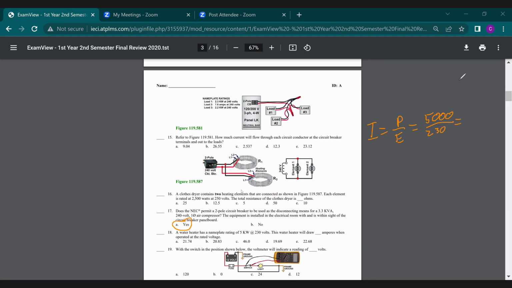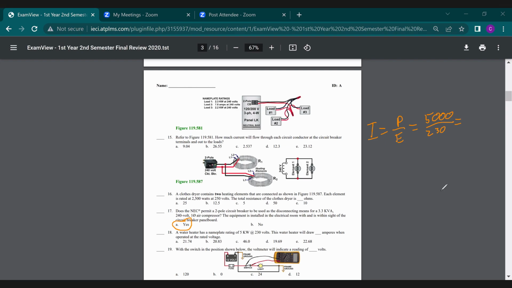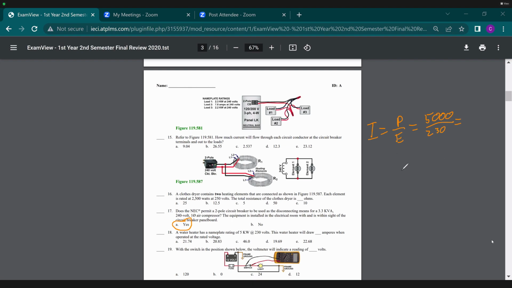What does that get us, y'all? I do agree, 21.379.